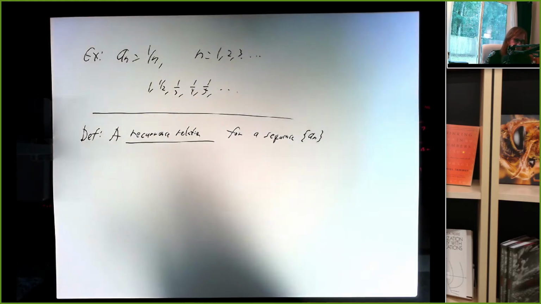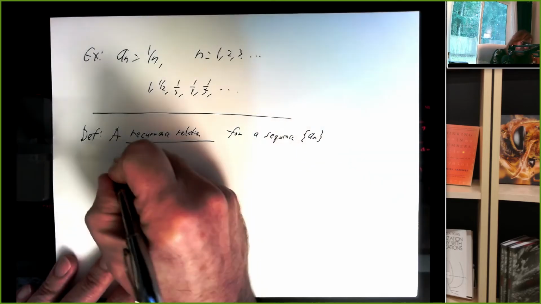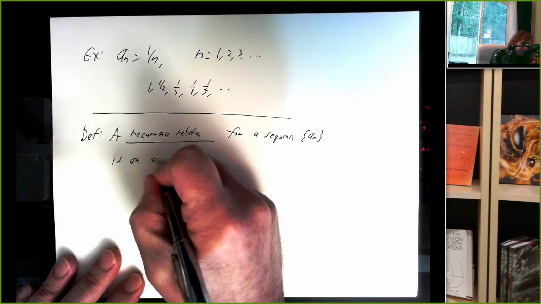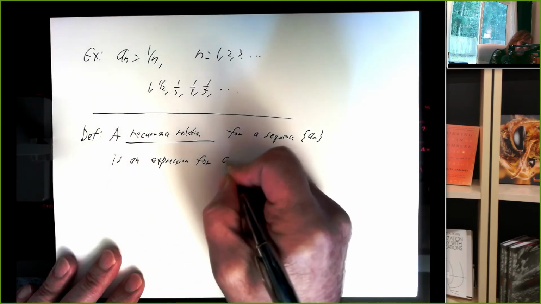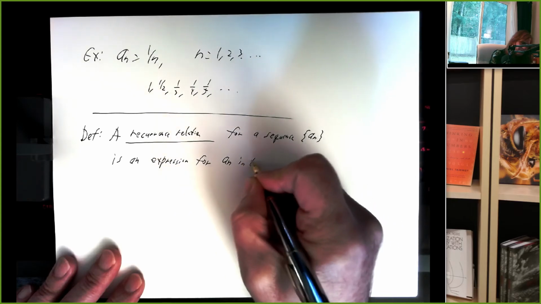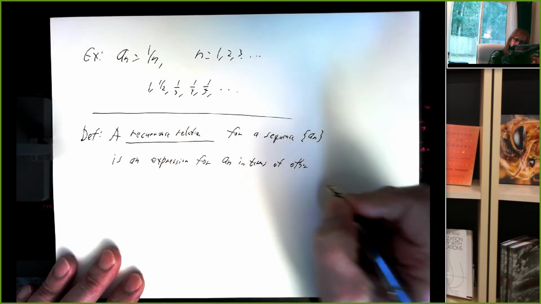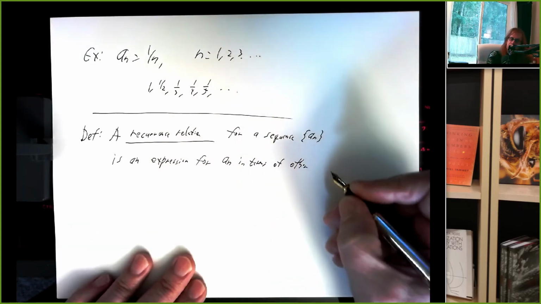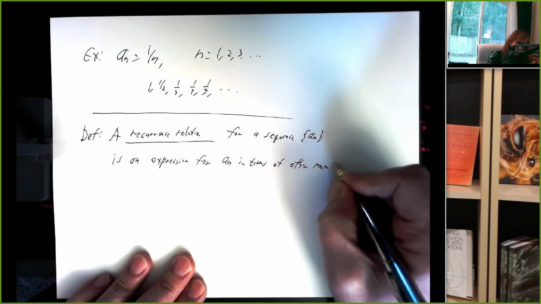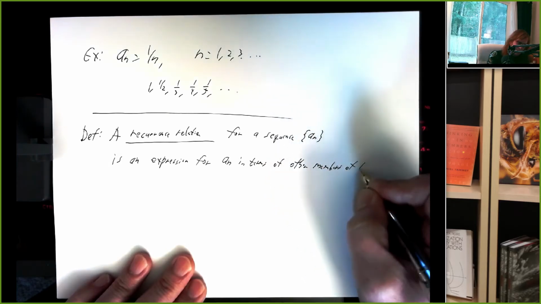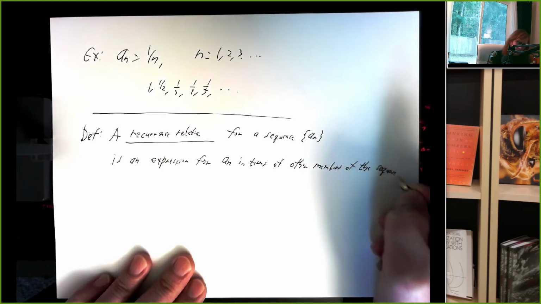A recurrence relation for a sequence whose terms we call A subscript n is an expression for A subscript n in terms of other members of the sequence.